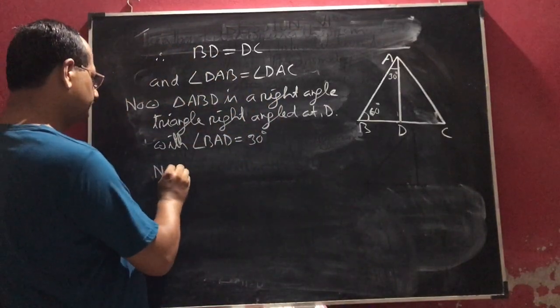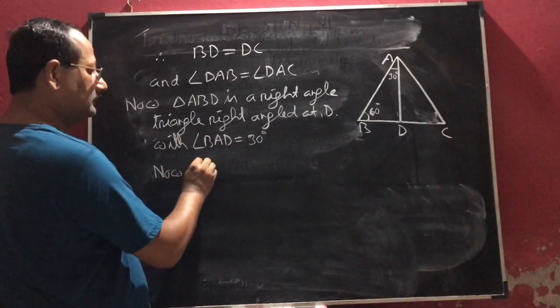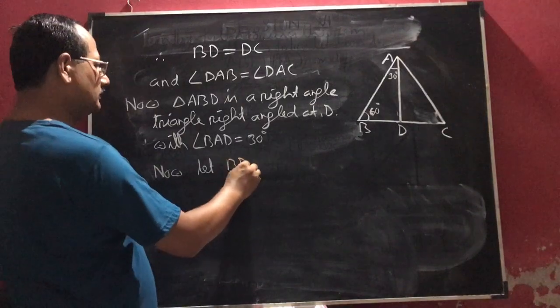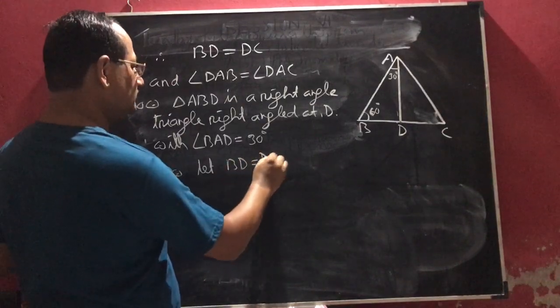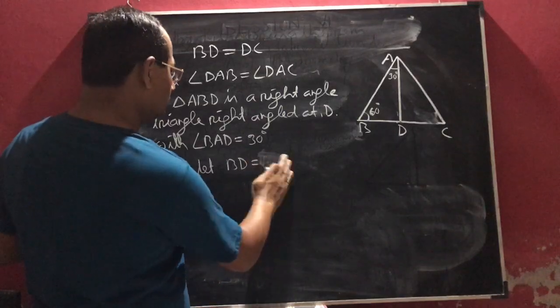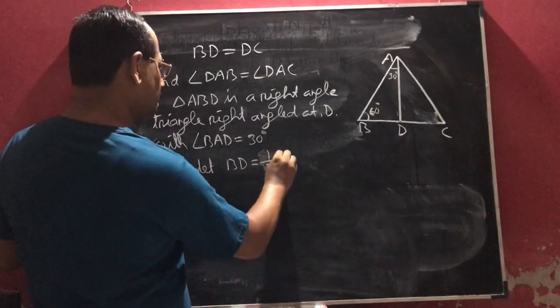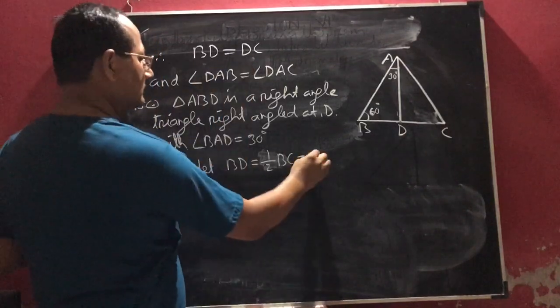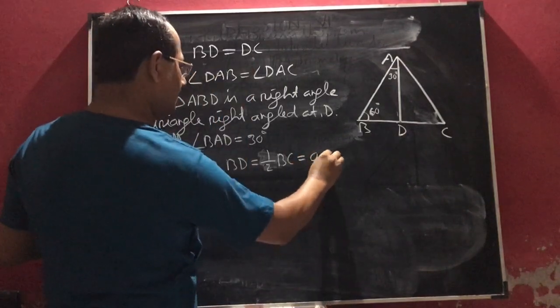Now let BD equal DC. BD equals half of DC, because BD equals DC. Suppose BD equals a.